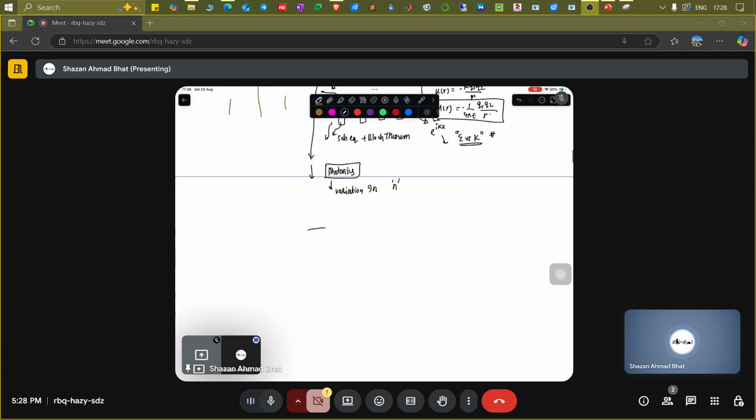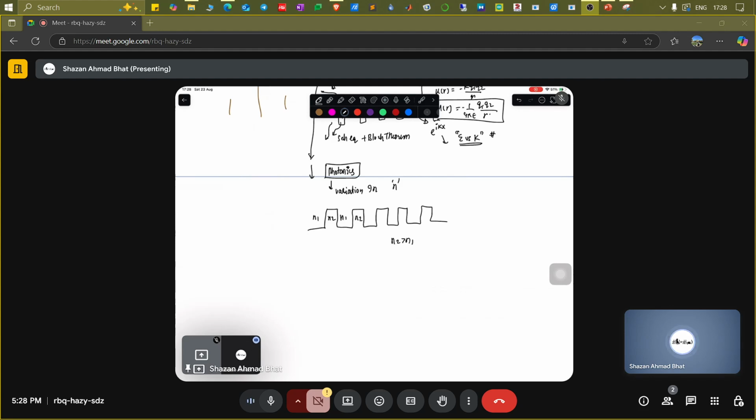Let's say you have a material with high index, low index, high index, low index, and so on. You form a repetitive arrangement. Let's say this is N1, this is N2, N1, N2, and so on, and N2 is greater than N1. Then it forms a similar repetitive arrangement. These are different layers stacked one over the other, but with different refractive indices.